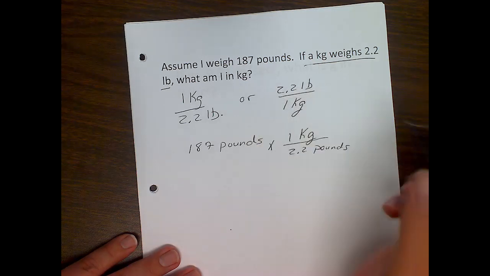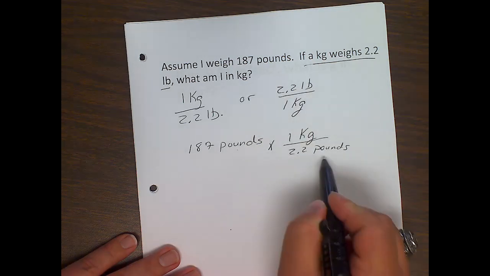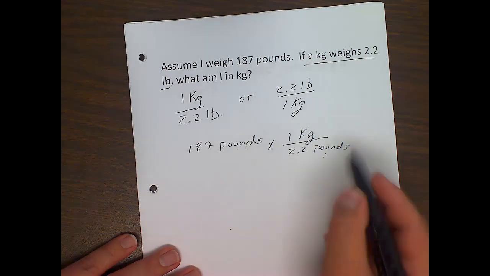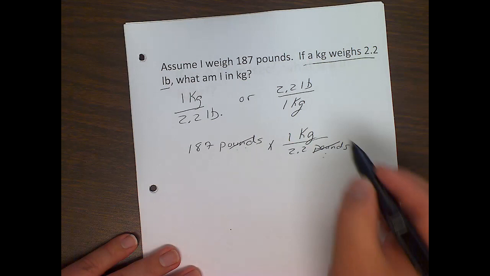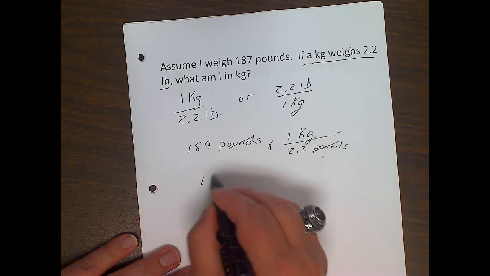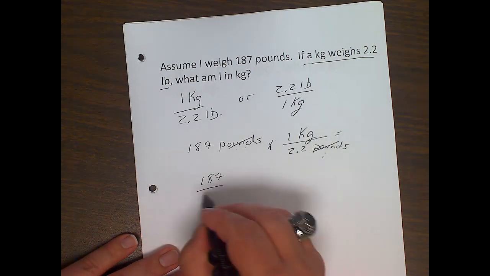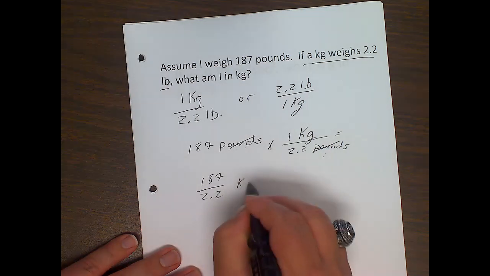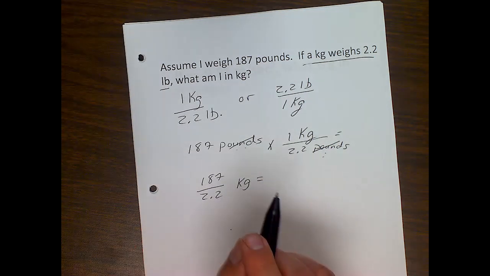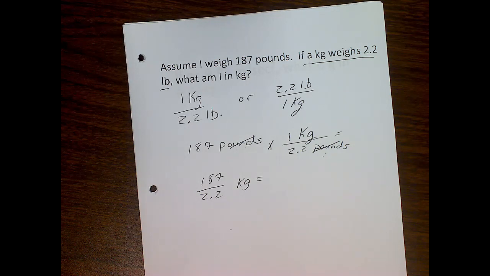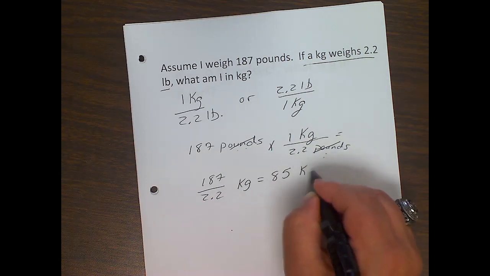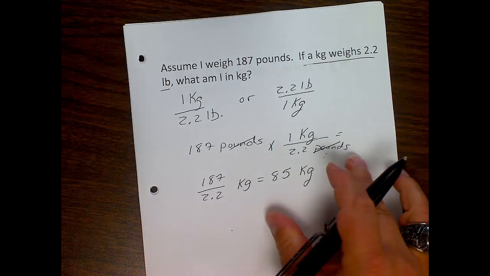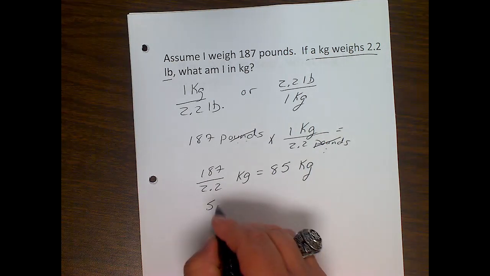That's perfectly fine, but from a mathematical perspective, we want the pounds units in the denominator so that we effectively cancel these out. And so we're left with 187 divided by 2.2 kilograms, or 85 kilograms.